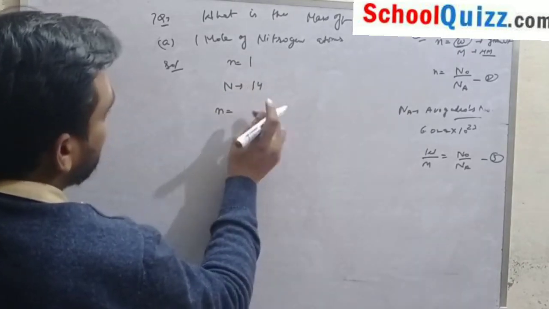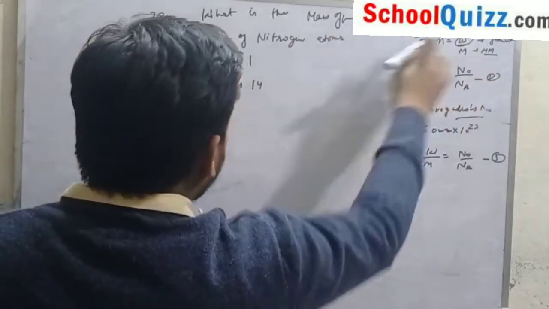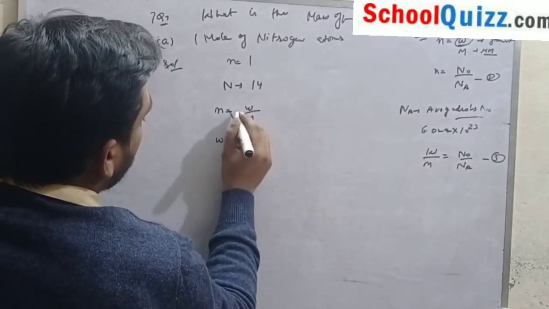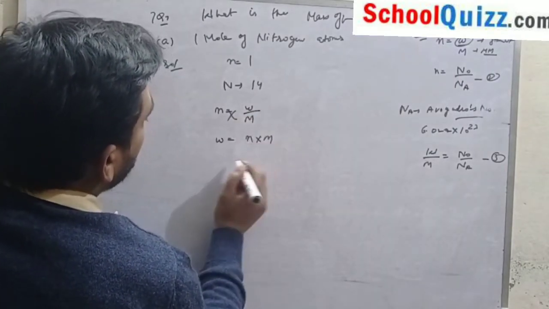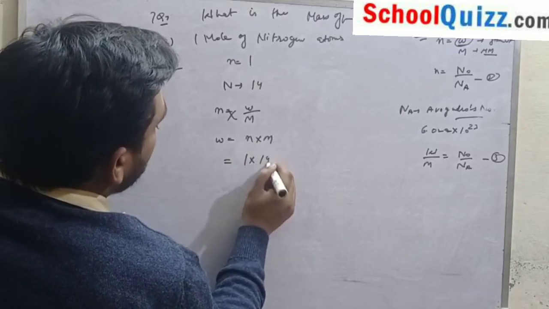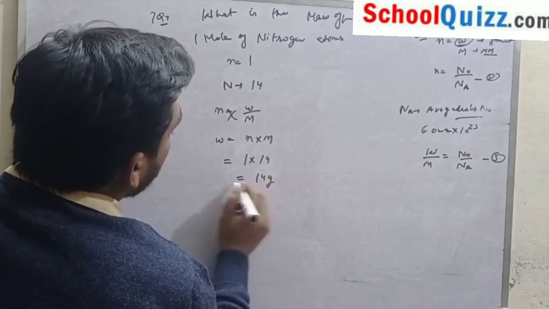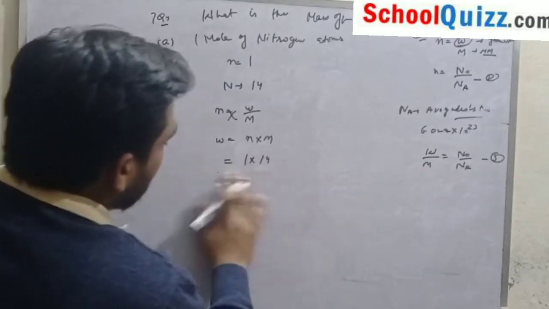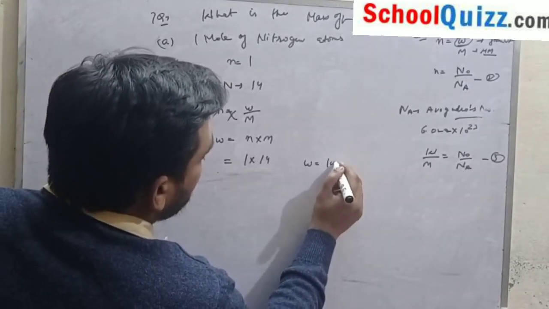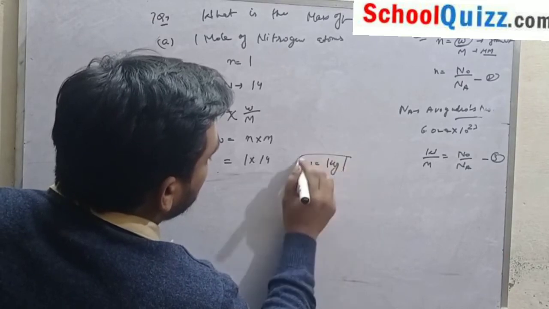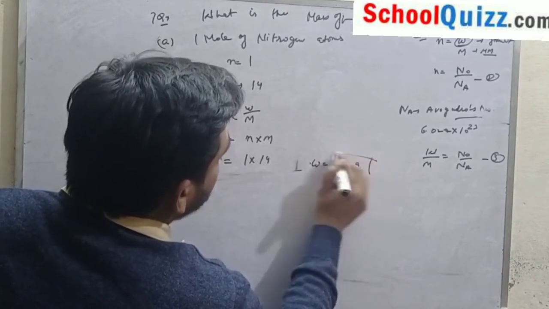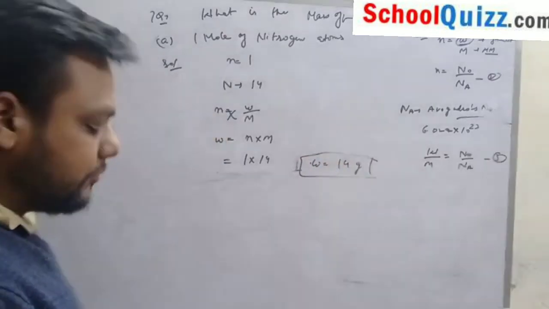We have to calculate mass, that is w. So n equal to w upon m, so w will be equal to n into m. n is 1 and m is 14. So weight comes out to be 14 gram. Very, very simple question, students.